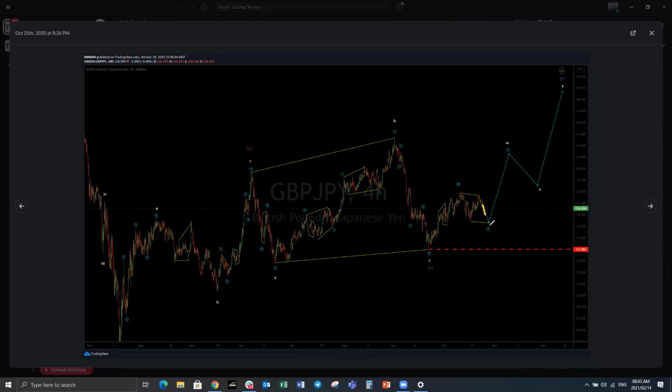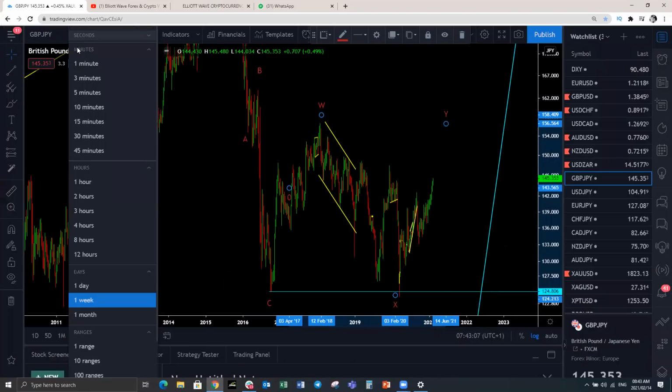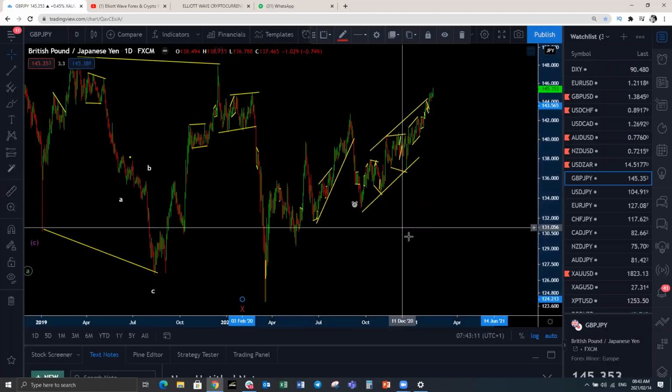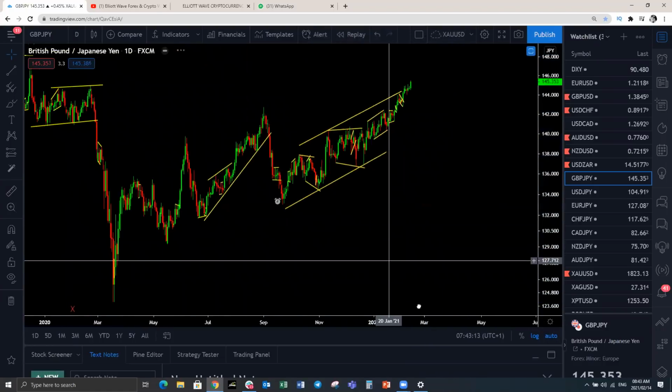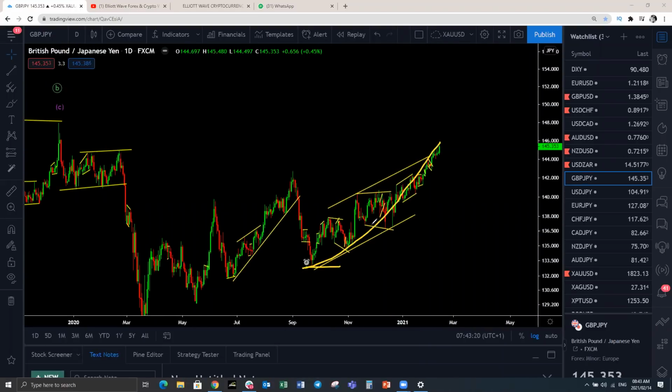So we had this move to the downside and then made a move to the upside. Let's refer back to the chart here. Let's go to the daily so we can see those structures, how they were playing out. This is the leg that we're currently trading, from around here at 132 to current levels.